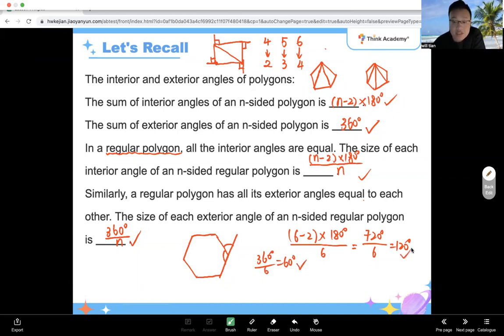Now you will see that if you add these two, it is 180 degrees, so it means these two formulas must be correct. Another way to get the size of an interior angle of a hexagon is to take the exterior angle, 60, and use 180 minus that 60, and you get 120 as well. So that's another way to get the interior angle, by doing 180 take away the exterior angle. Okay.